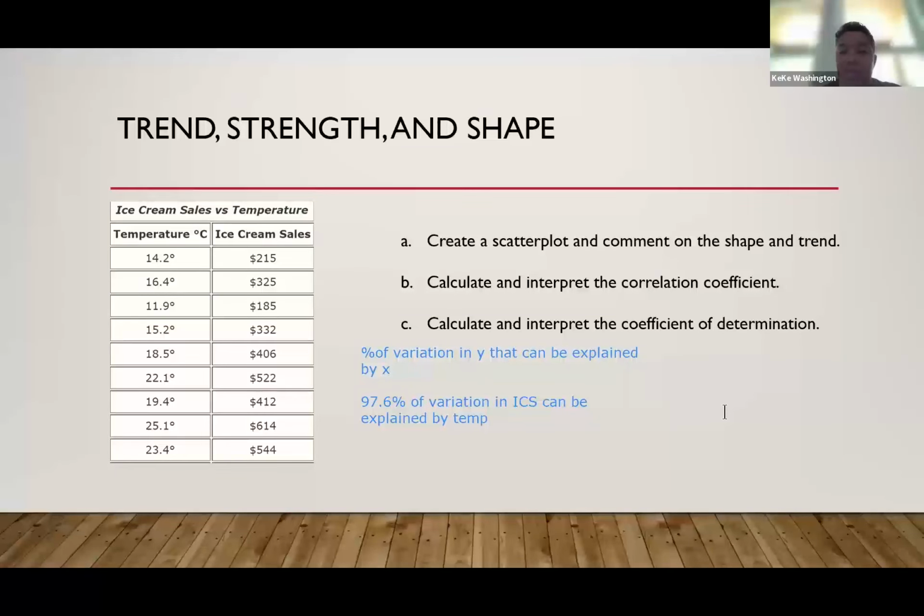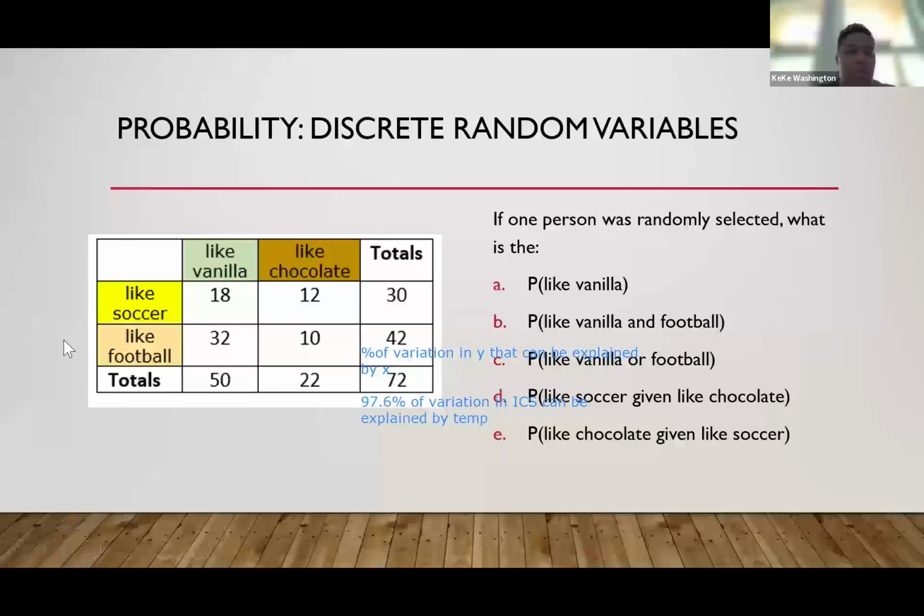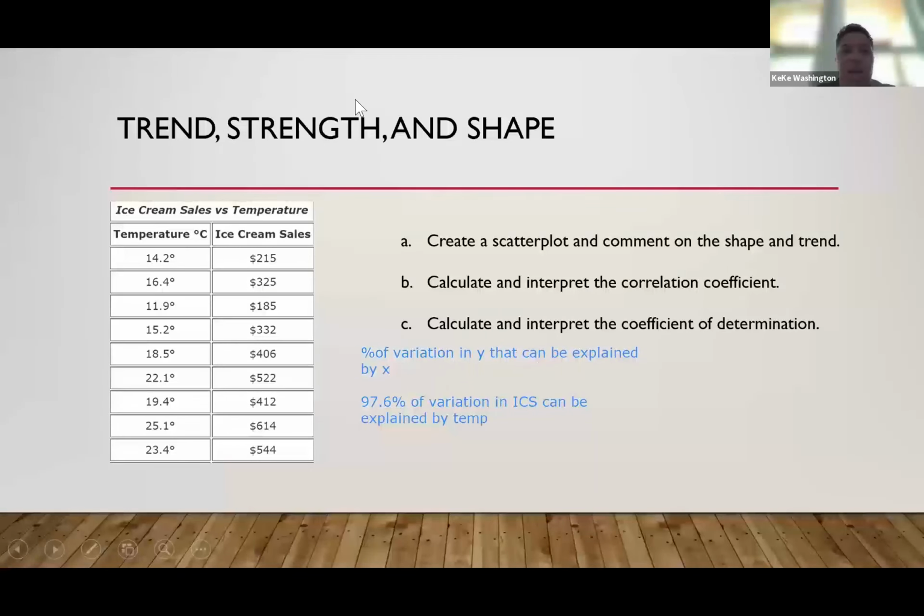Temperature does. A couple other things that I don't have listed here, but things that we definitely want to make sure we know how to do. Let's go back. We need to know how to interpret our slope as well as our y-intercept.